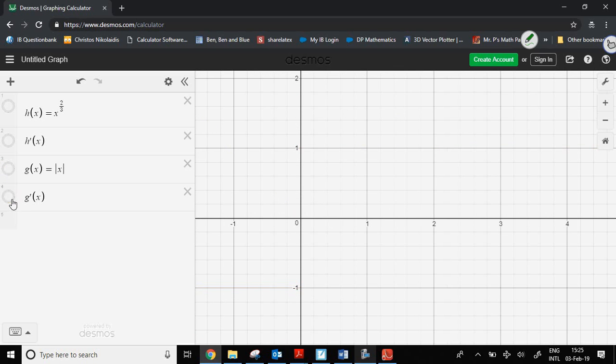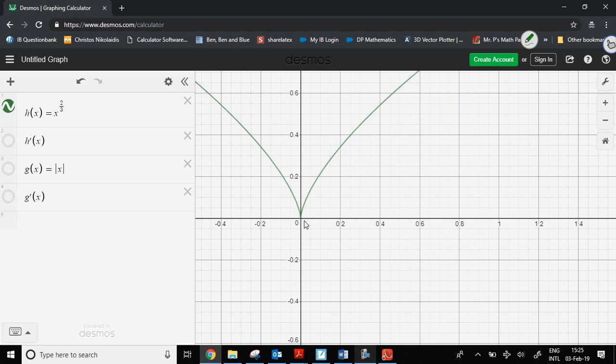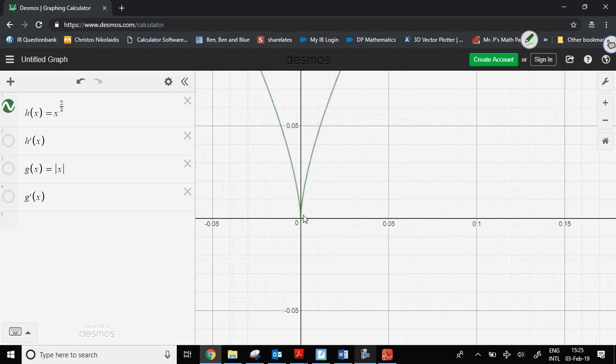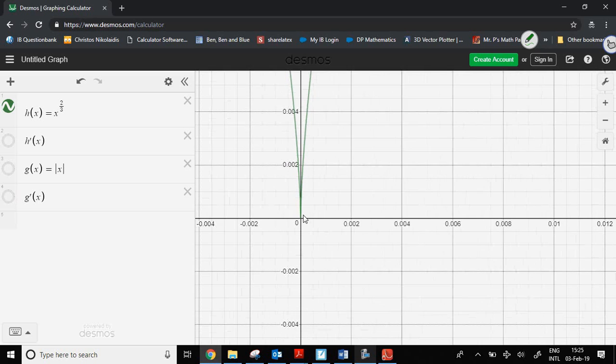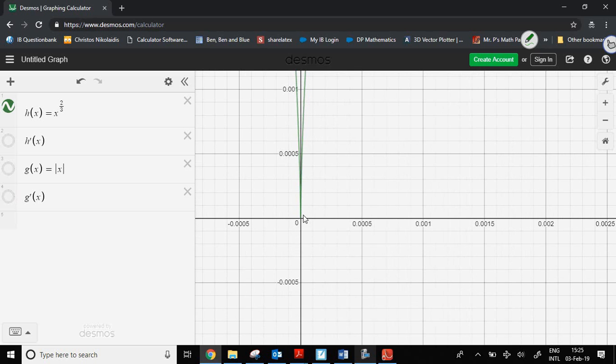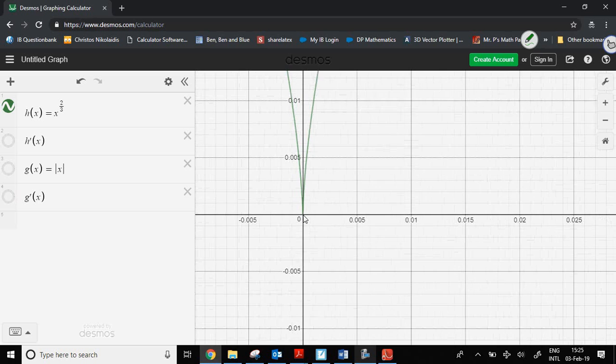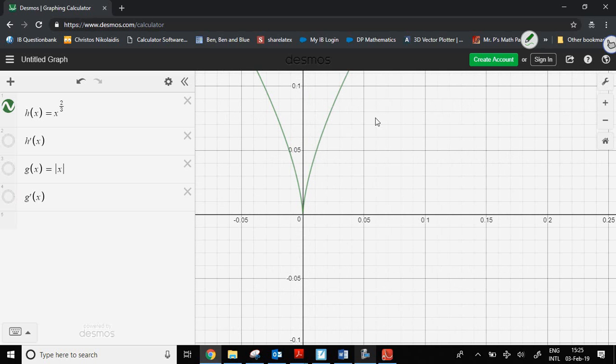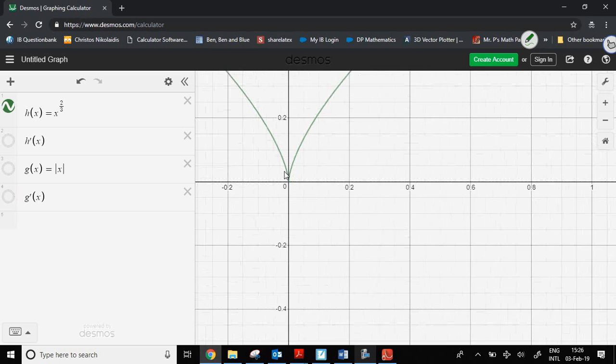A similar case is something like x to the power of 2/3. This is not technically a corner. This is actually something that we call a cusp. But it's the same problem. We have this sharp point that we're getting closer and closer and closer to. Clearly, as I get closer to 0 from the left, the slopes are getting closer to positive infinity. As I get closer to 0 from the right, the slopes are getting closer to negative infinity.